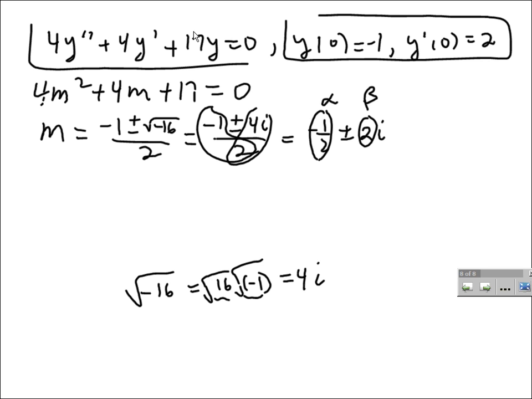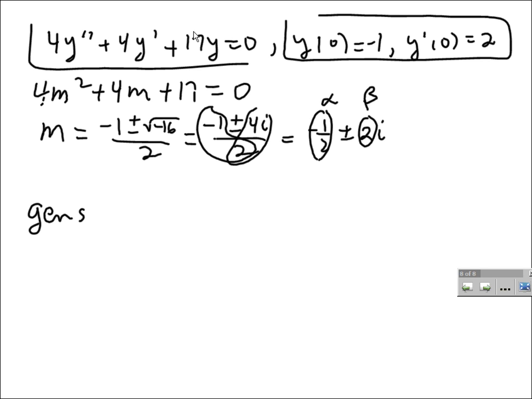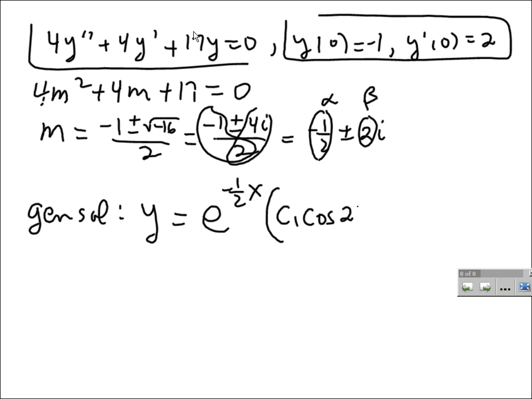This is the case 3 problem because we got complex roots, and we now know that the general solution is y is equal to e to the ax times c1 times cosine of bx plus c2 times the sine of bx. And that's the general solution.